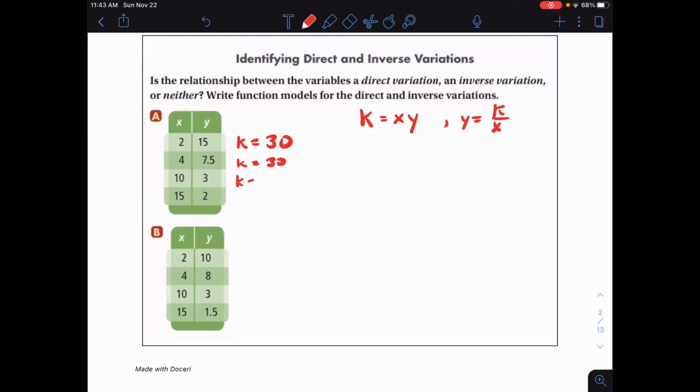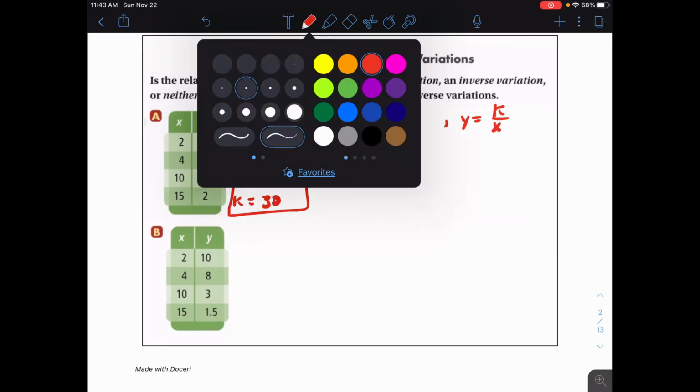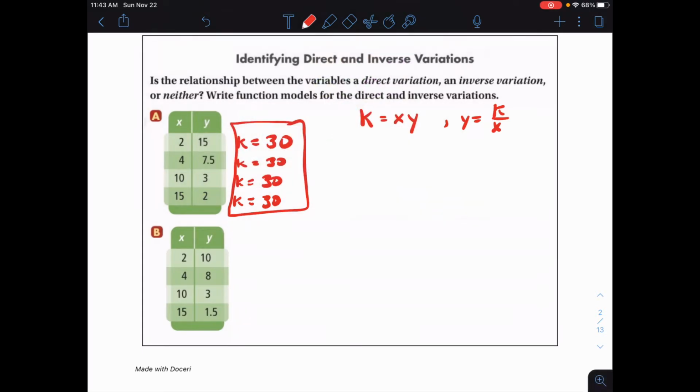This is also 30. This is also 30. Since the product for all of these is 30, it tells us that y varies inversely with x, and that our constant of variation is 30. So we could write the equation y equals, instead of k over x, 30 over x, and this would be our inverse variation. So this is inverse.